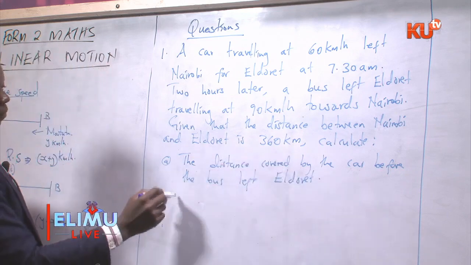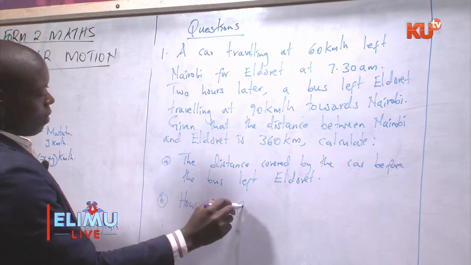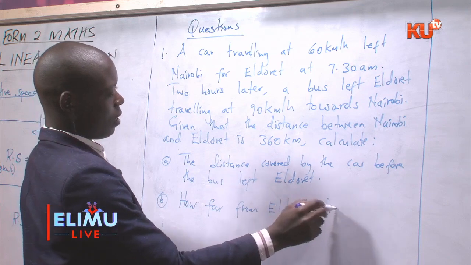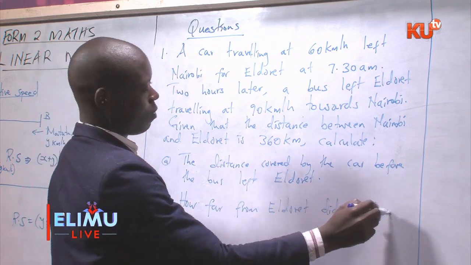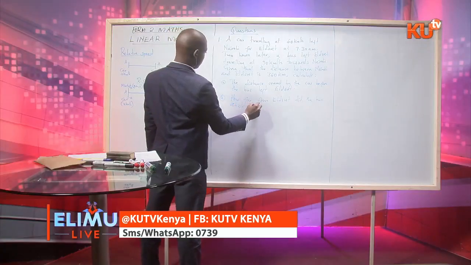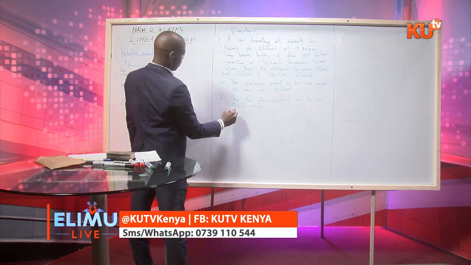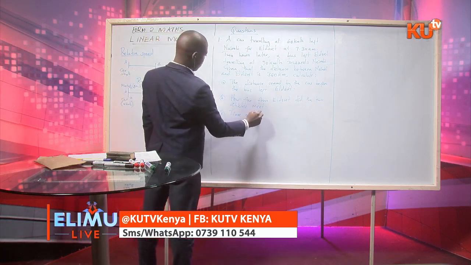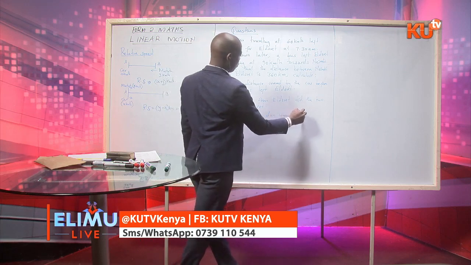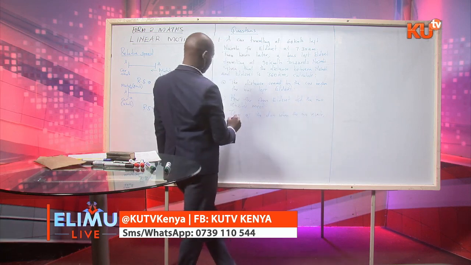Part B, calculate how far from Eldoret the two vehicles meet. And part C, the time of the day when the two vehicles met.